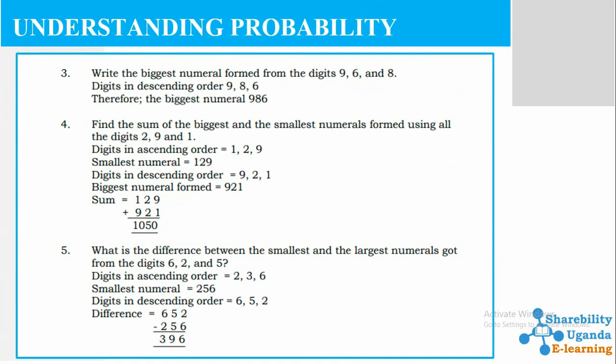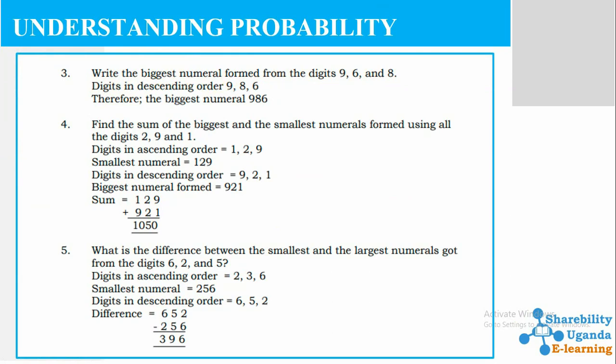So in today's video, we shall be looking at our example number 3, which is here, and it says: write the biggest numeral formed from the digits 9, 6, 8. That is the question we are going to solve.